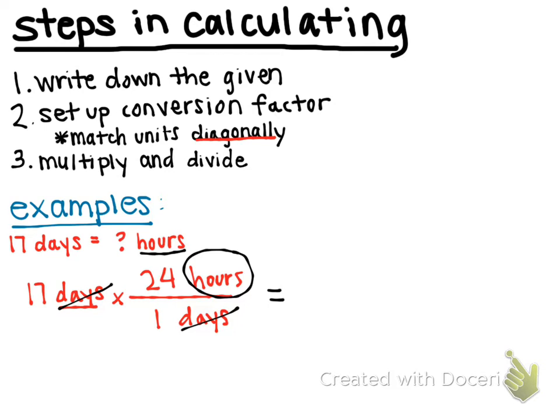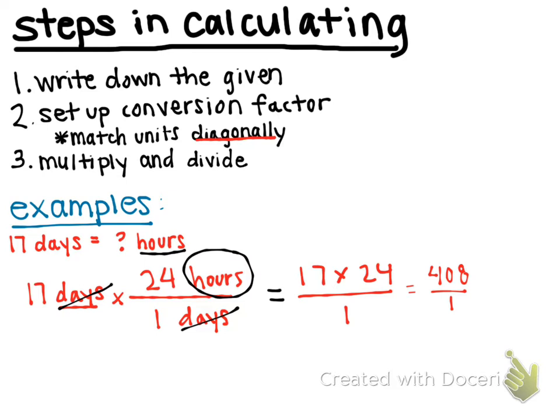This is 17 times 24 divided by 1, which equals 408 divided by 1, which is just 408.